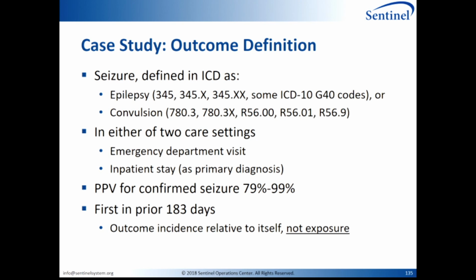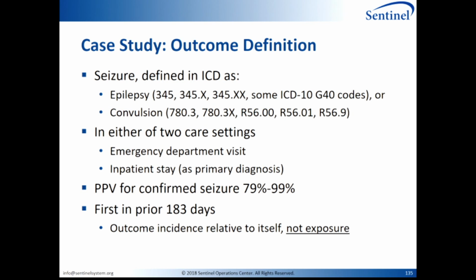The positive predictive value for confirmed seizure using the method that we chose to define seizure with these codes was between 79 and 99%, depending on the setting. So this is a relatively accurate outcome algorithm by pharmacoepidemiological standards.